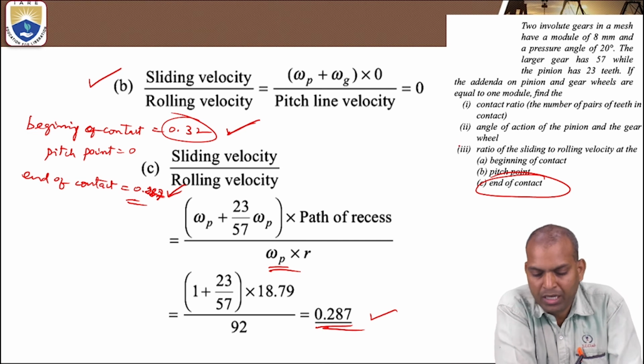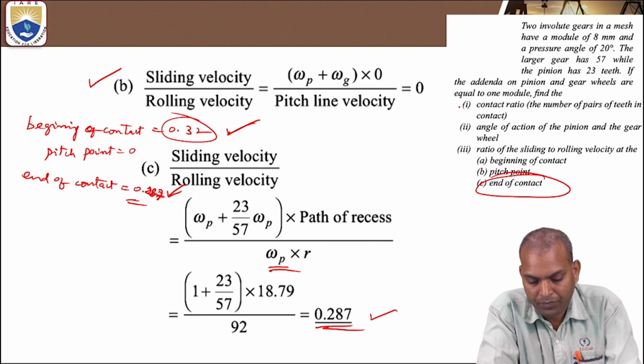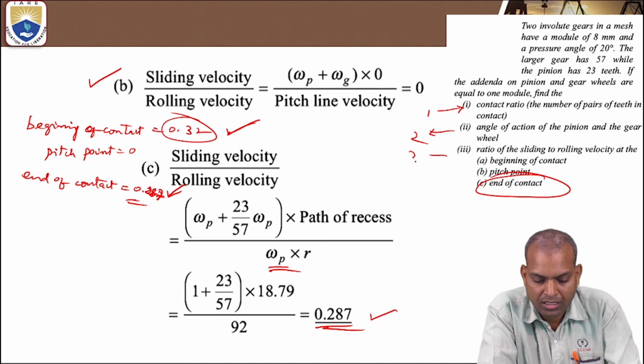These are the objectives we solved here. First objective, second objective, that is the angle of action, the pinion gear. There are 6 objectives calculated here.